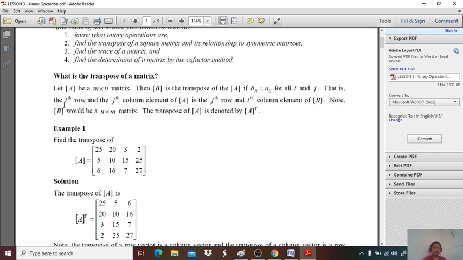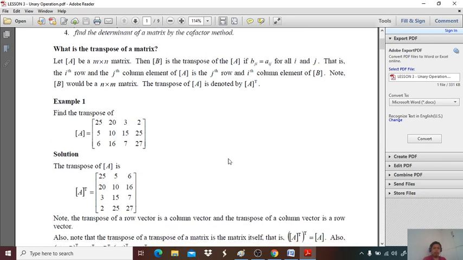So the ith row and jth column element of A is the jth row and ith column element of matrix B. Note that B should be an N by M matrix. The transpose of A is denoted by A with T on the superscript.